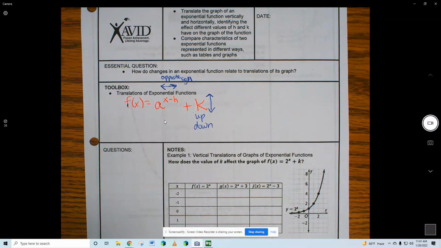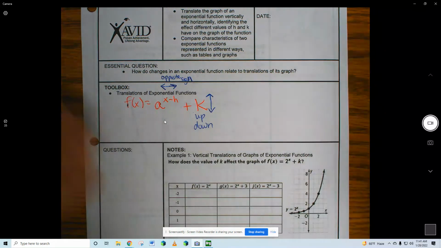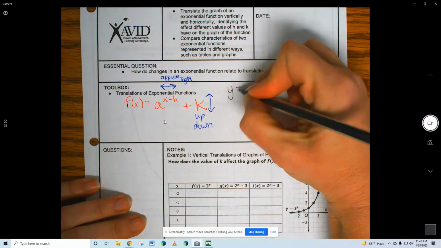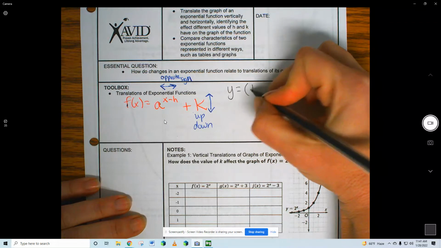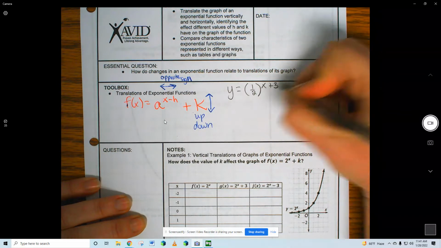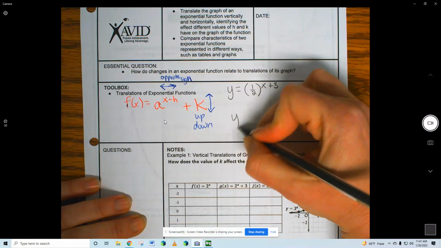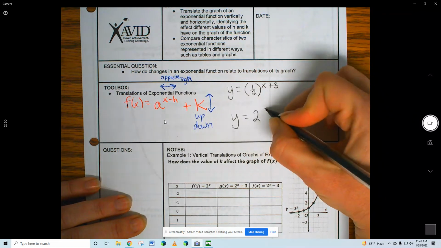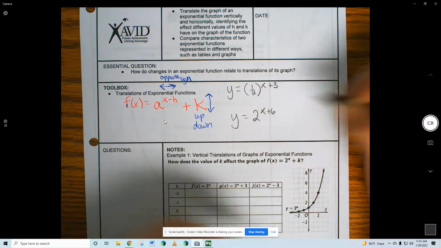And I'm going to give you 4 samples, and we're going to describe the transformation. This time I'm going to use y equals 1/2 raised to the power of x plus 3. I'm going to write down 4 of them. 2 to the power of x plus 6.